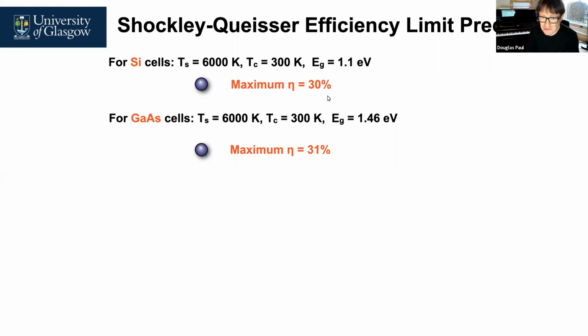So actually, they're pretty close to the Shockley-Queisser limit, assuming all the photons are absorbed above the band gap and recombination losses are very low. For gallium arsenide, it's 31%, and the gallium arsenide record is 29.1%. So again, it's pretty close to the theoretical efficiency for this type of solar cell.